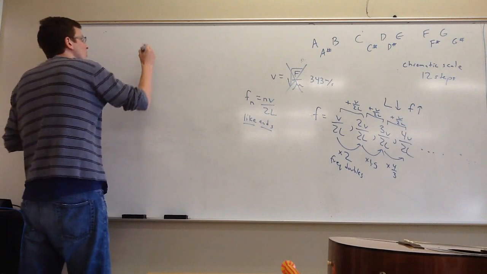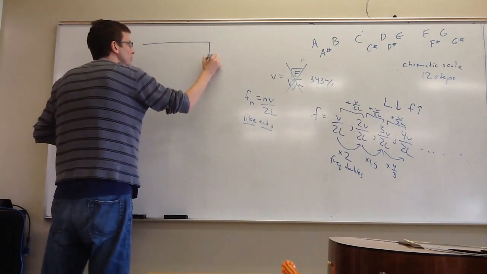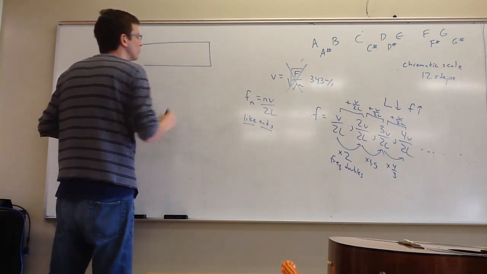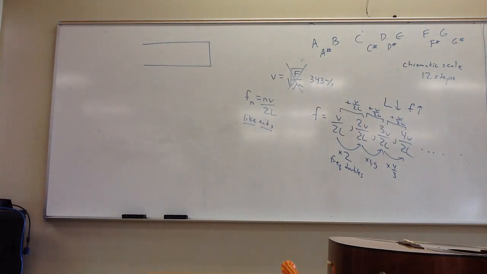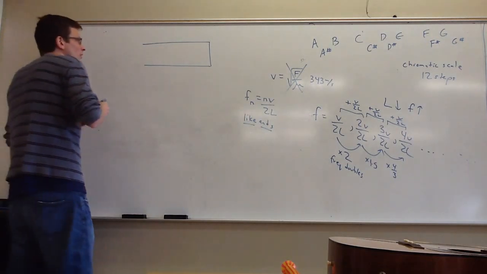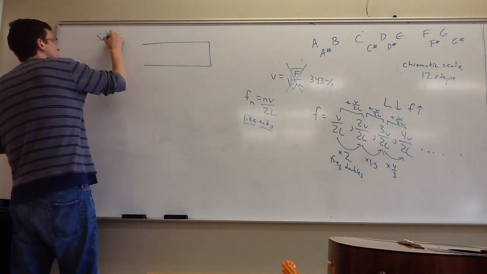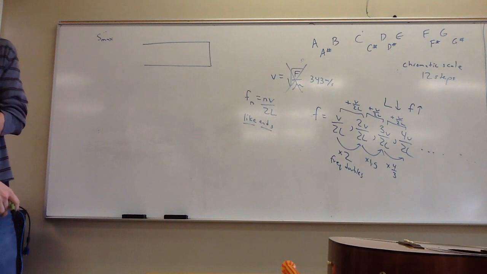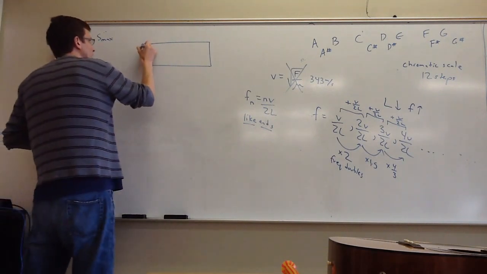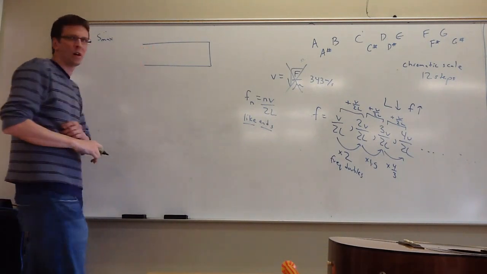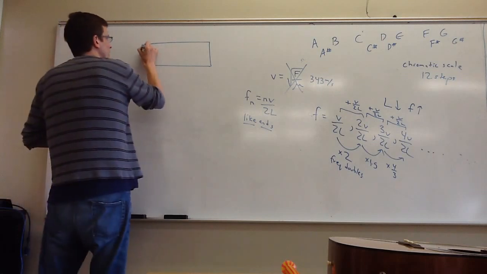Let's make it like this. First let me draw S max, the displacement. Here, of course, you can move as much as you want because the end is open, but here you can't.